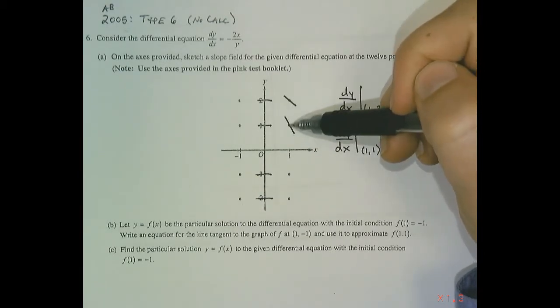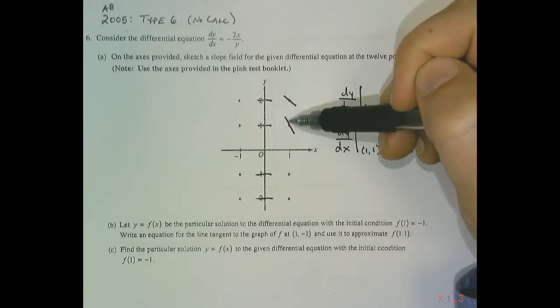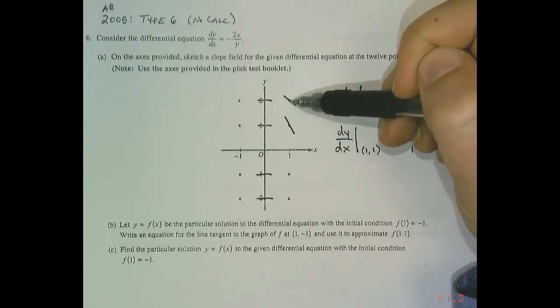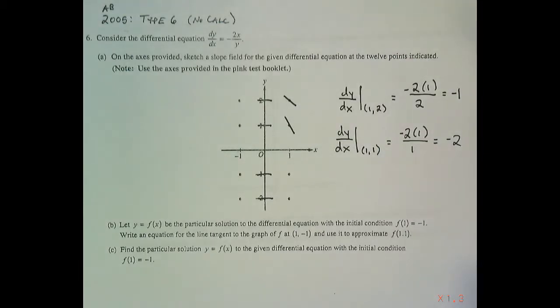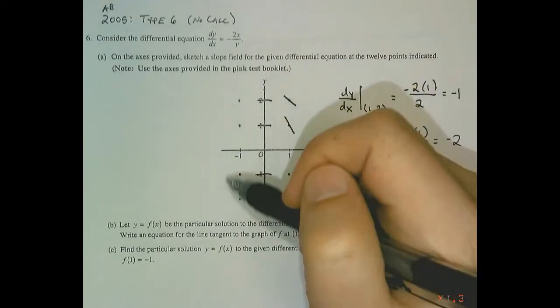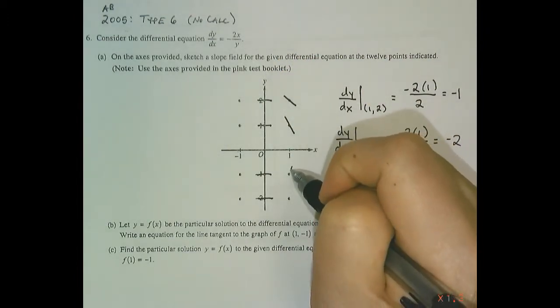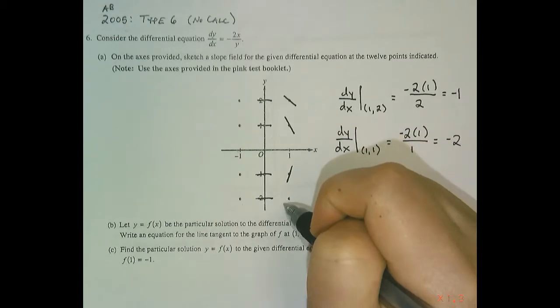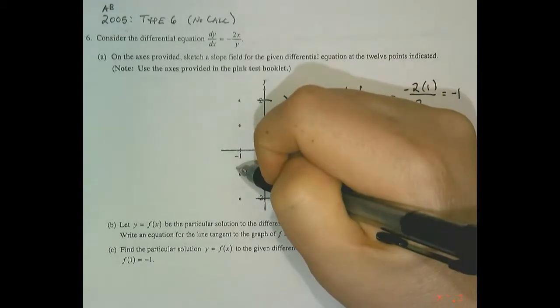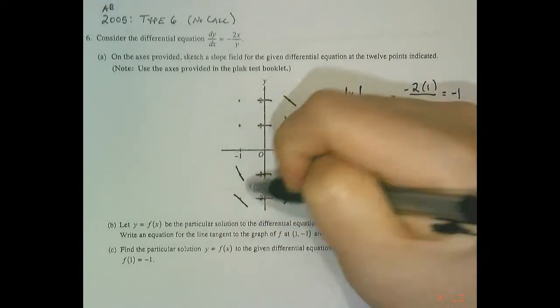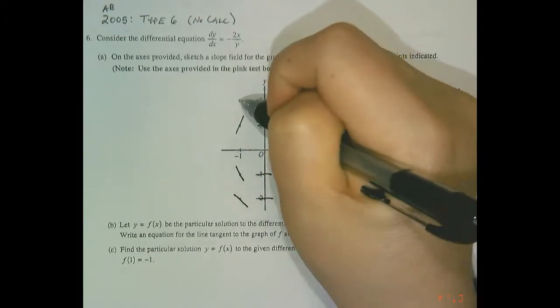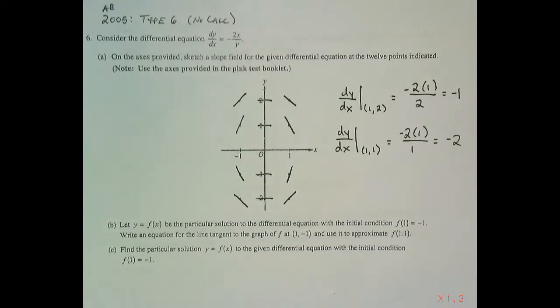I show that it's a negative slope because it's going downhill or decreasing, and it is steeper than my -1 slope. If you go through and you do that for all the remaining points, you'll start to see some symmetry unfold. And you get something that looks like that.